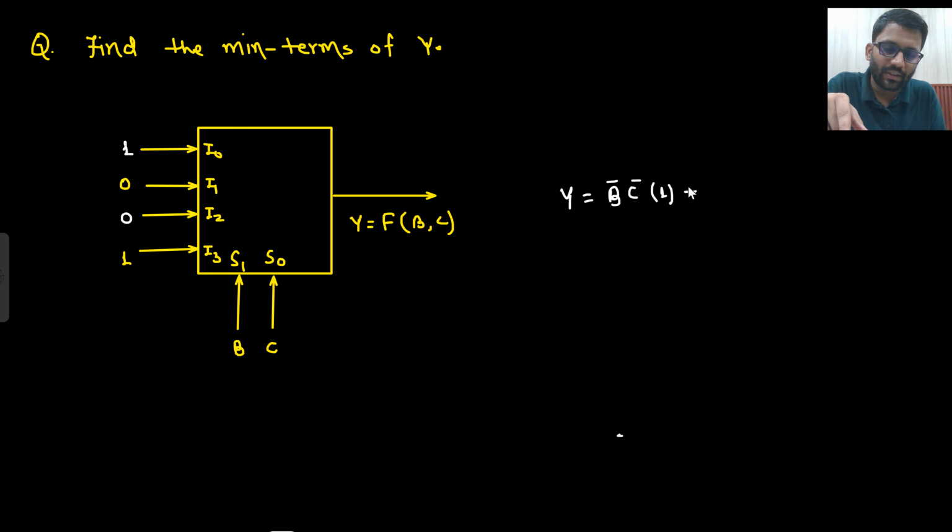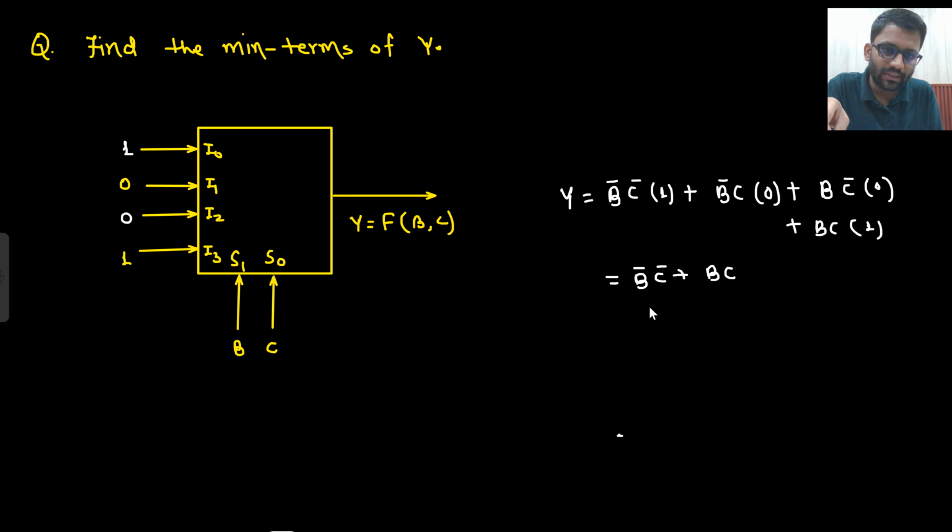So I will multiply 1 as well. Plus, if B is not there and C is there, then 0 will come. Plus, if B is there and C is not there, that means 2, 0 will come. Plus, if B is there and C is there, 1 will come. So the output will be B bar C bar plus BC. So this will be m0 and this will be m3.